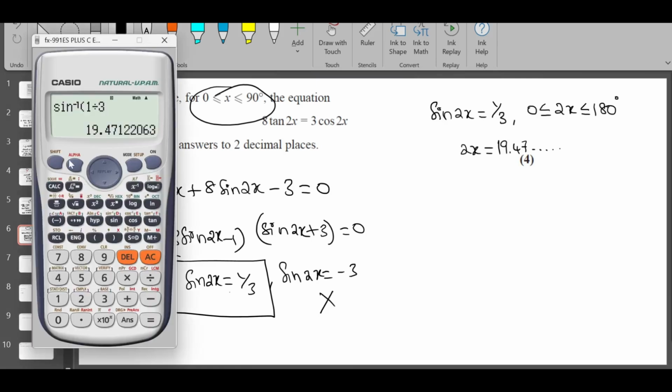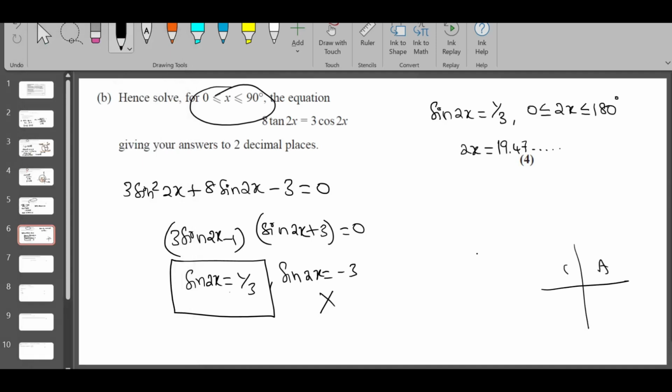Do not round the figure. I'm going to store the figure as A. Now use the ASTC diagram. The limit is 0 to 180, which covers all the 4 quadrants, and sine would be positive in here and here. It's theta and 180 minus theta.